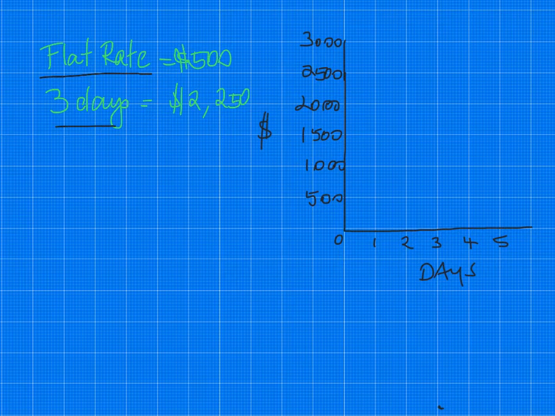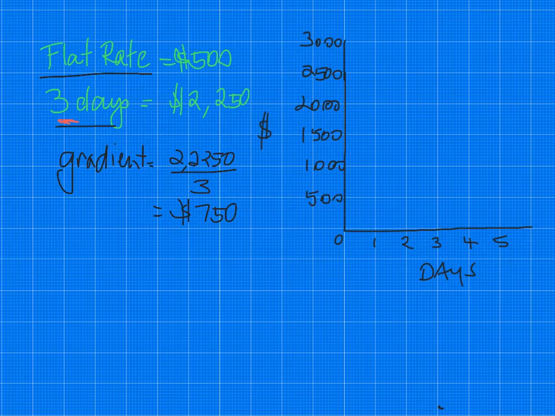Or if I was a plumber, normally you get a call out rate before you've even started work, you get money. So I need to work out what my gradient's going to be before I can go any further. The gradient is 2,250 divided by 3, because it's 3 days here. The answer to that is 750.